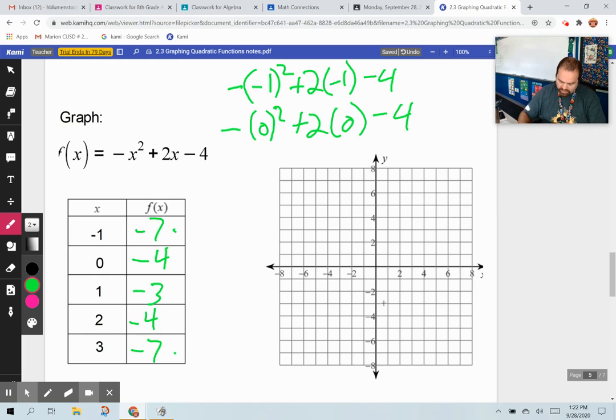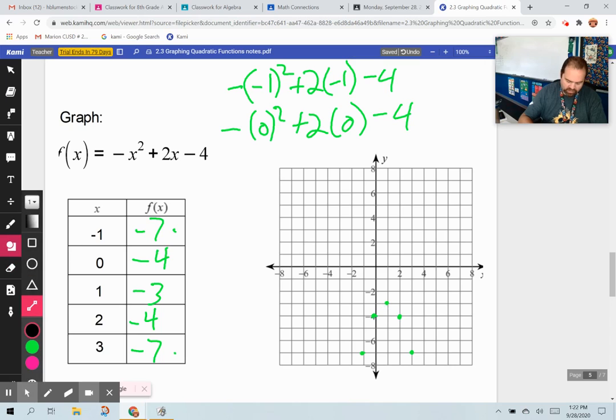So when I graph this one, -1, -7 is down here. 0, -4 is here. I'm going to make that a little bit bigger, make it easier to see. Here, 1, -3, and then it turns around at 2, -4, and 3, -7, right?